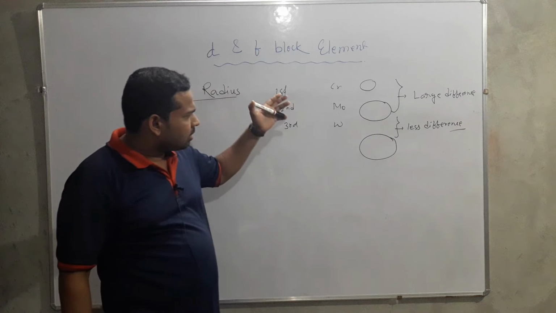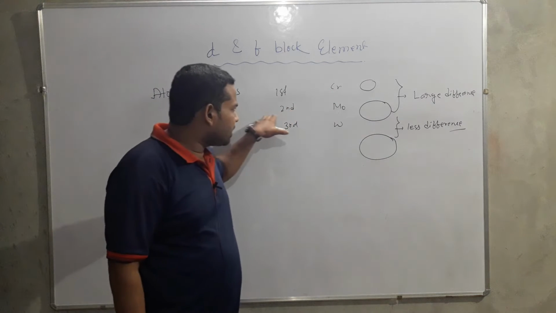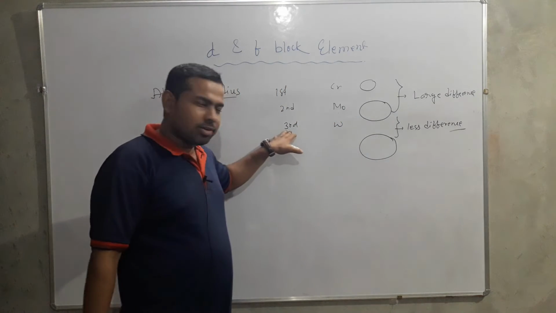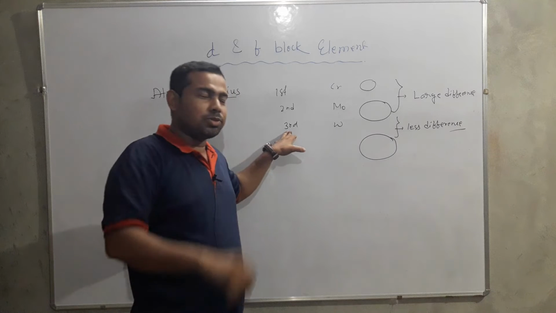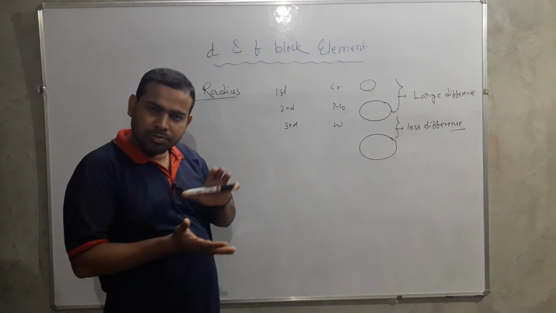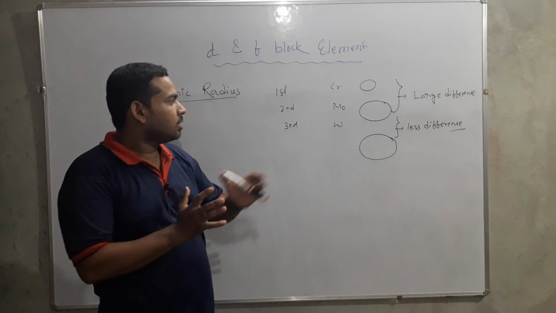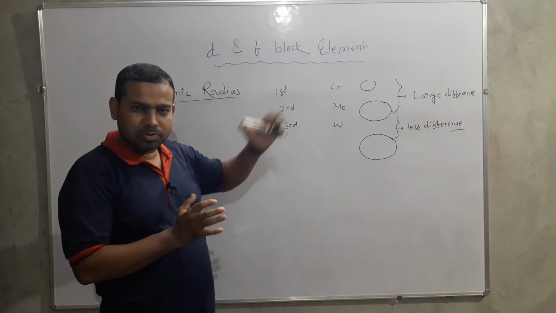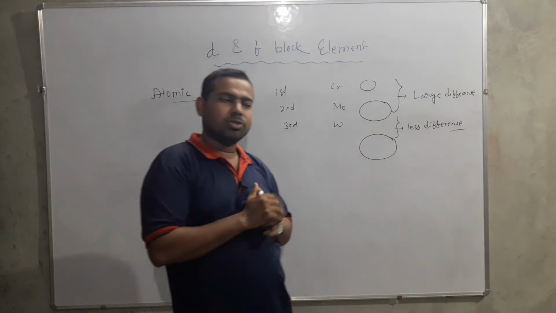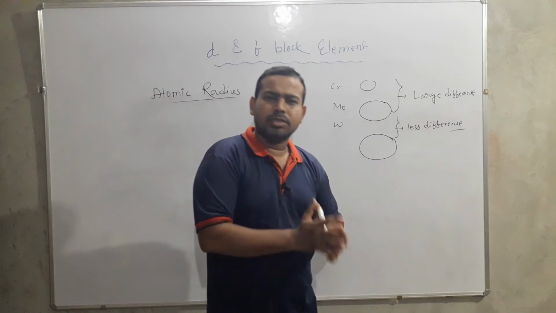In the first row only d electrons are there, but in the second row f electrons are also introduced. For the third row also f electrons are introduced. Due to the presence of f electrons, the third row and second row have a similar size, but the first row is very small compared to the other two periods. Clear, people? So the size difference is maximum, so the radius difference is also maximum.